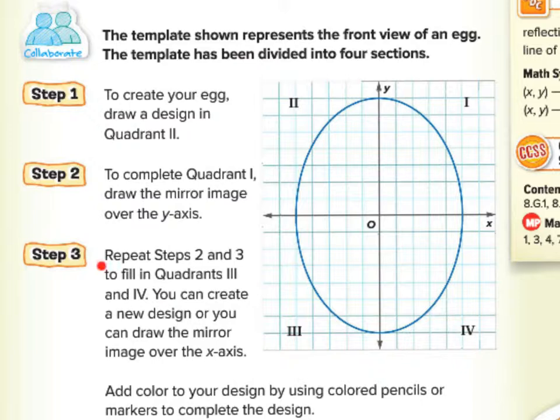Step 3. Repeat steps 2 and 3 to fill quadrants 3 and 4. You can create a new design or you can draw the mirror image over the x-axis. So if I was going to mirror quadrant 2, I need to go down, right? I need to go down to make it here.